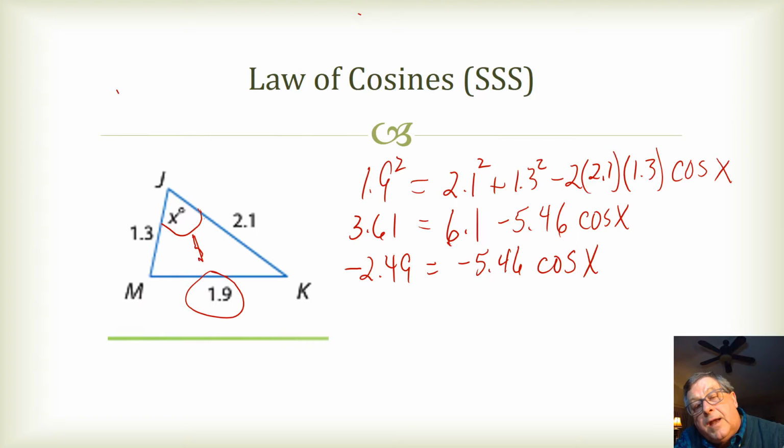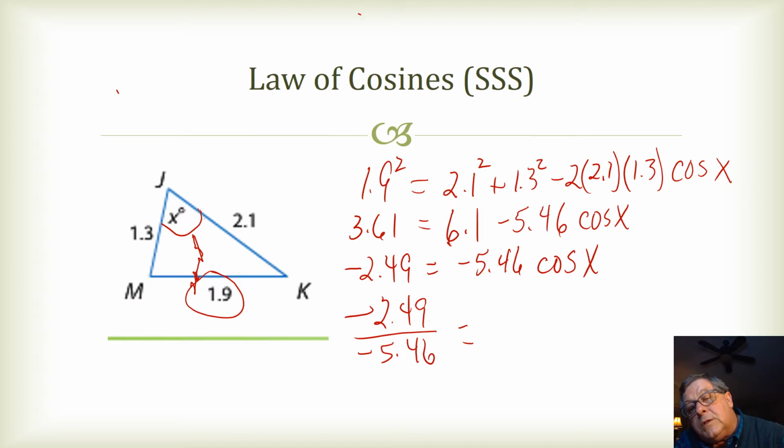So now we have negative 2.49 over negative 5.46 equals the cosine of X, and I'm going to set this up as the inverse cosine. Now I've got two negatives dividing each other, and that's going to make them both positive.